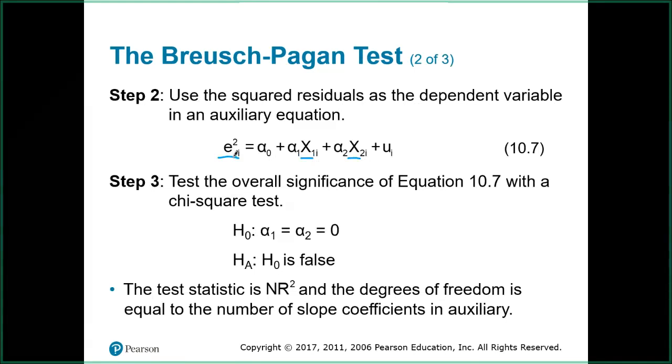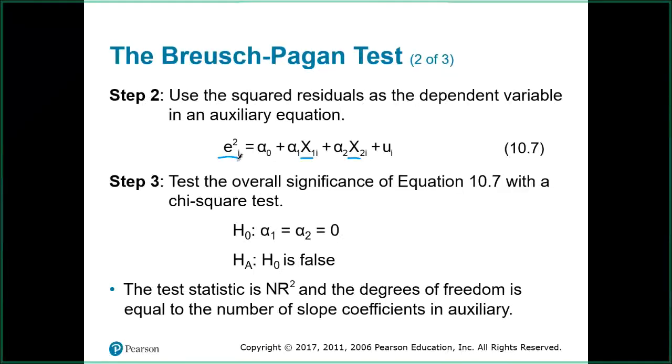In other words, is there some variable that can predict whether your residuals are large or small? And if there is, then that's an indication that there is heteroskedasticity in your data. If there's an x variable that can reliably, statistically significantly predict when your residuals are big or small, then that means that at some points in your data, you have higher variance than others.